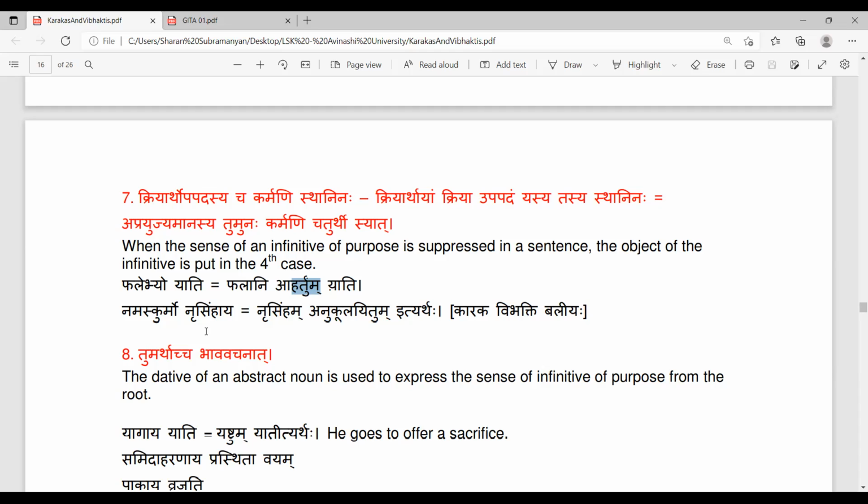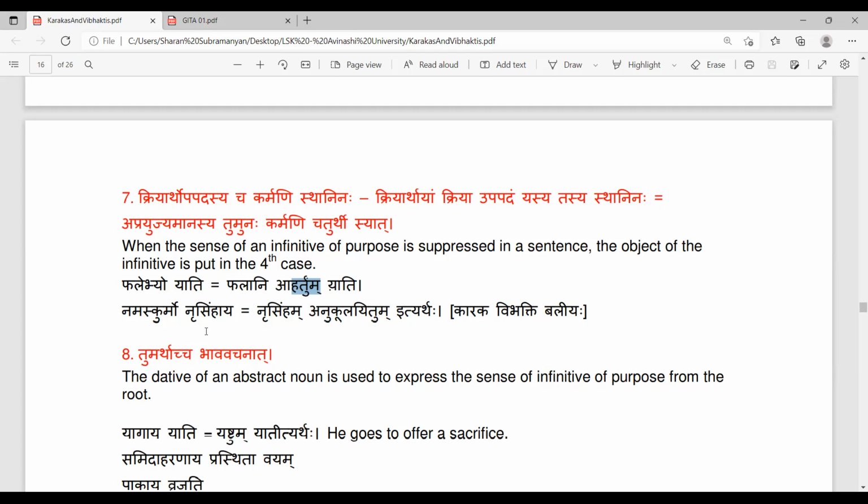So, does the word namaha govern Narasimha in Chaturthi Vibhakti, or is it because the action is done for the sake of, meant for whom?